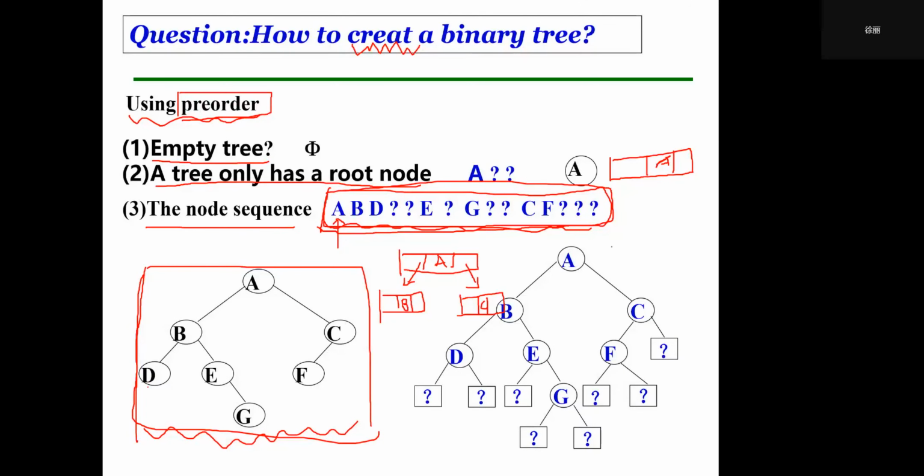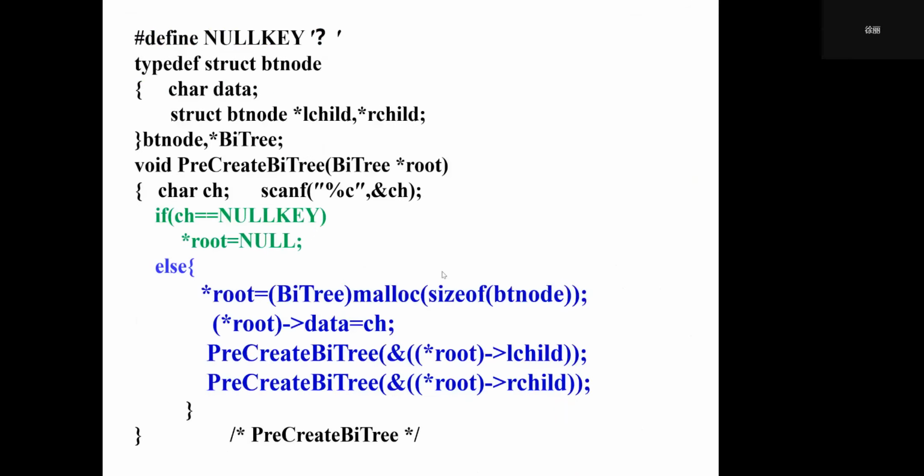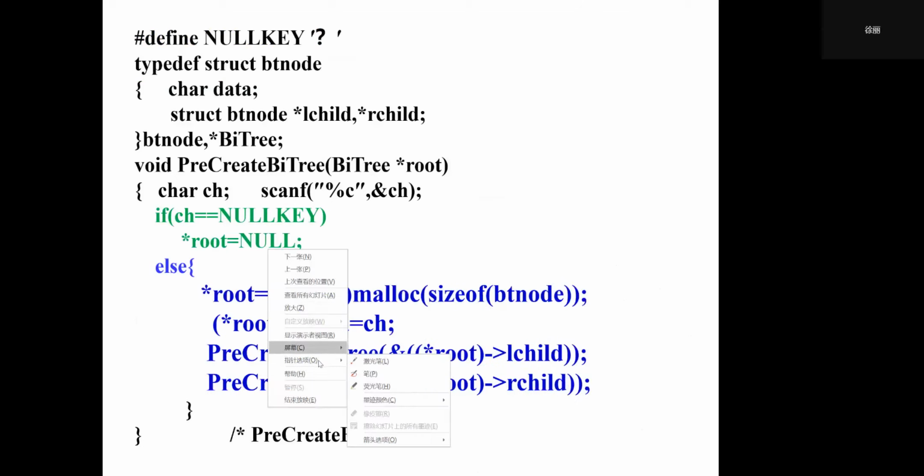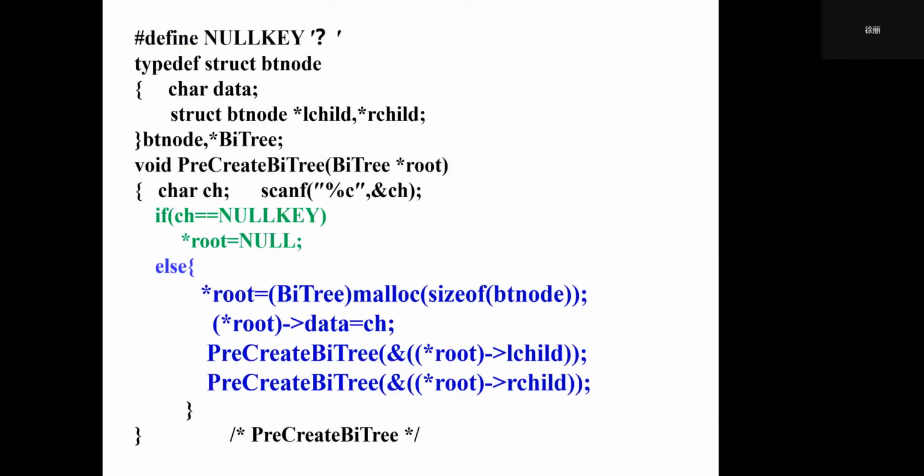When we read A, that means we can create a new node for A. And the second thing is we need to create the left subtree of A, and then we need to create the right subtree of A. So here it's basically a pre-order recursive program. We just change the function name because here we didn't printf. We just ask for the memory block of this node.